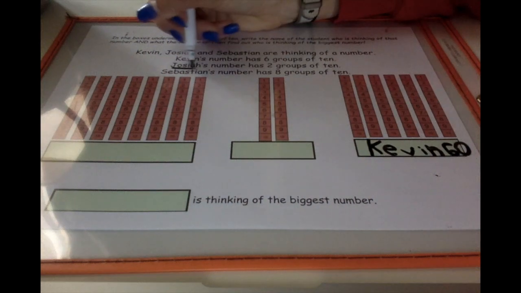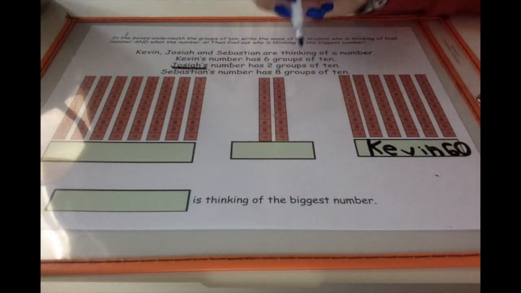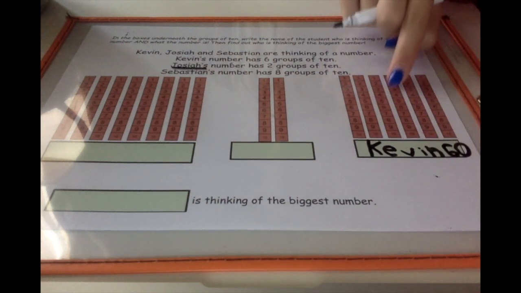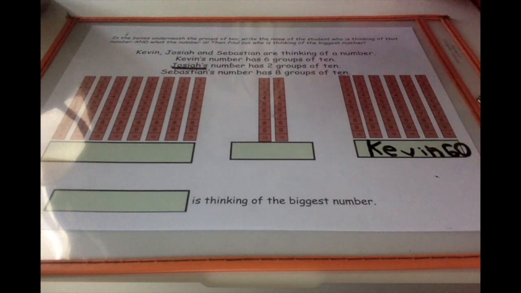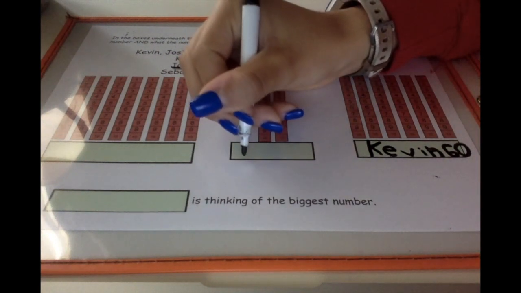Josiah. Josiah's number has 2 groups of 10. So since we know this one is Kevin's, we don't have to look at this one anymore. So it's either this one is Josiah's or this one. Which one shows 2 groups of 10? That's right, this one. So we're going to label it Josiah.